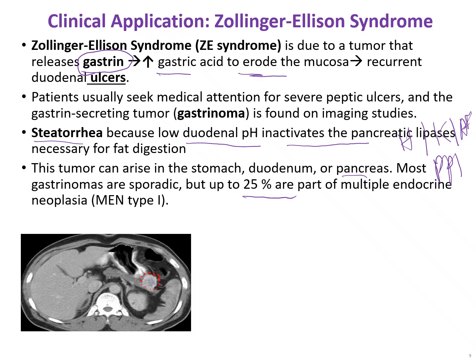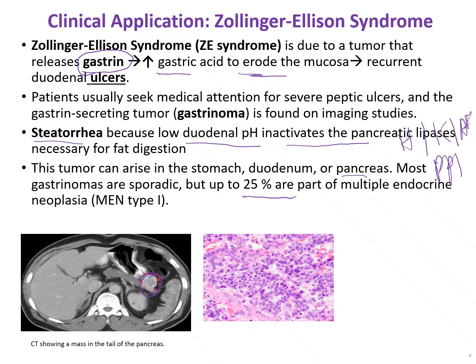All right. So if you see the radio contrast CT abdomen, you can see the tumor here, circular. That may cause massive release of gastrin. Whereas in the histopathology, you can see clusters of various tumor cells.